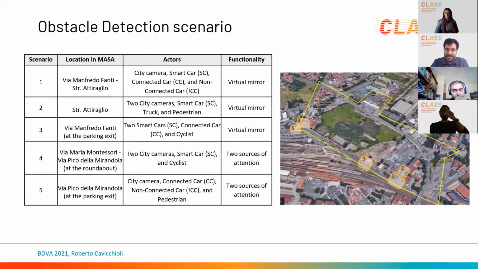On the other hand, a connected vehicle is just a vehicle with a GPS and a small embedded board which is able to connect to the 4G private network. Since the software architecture is scalable, as shown, and as it will be shown by my colleagues in the next presentation, we imagined 5 different scenarios in which the road users might be in need of external help. We call this virtual mirror and 2 sources of attention, as described by Eduardo before. Let's dive into a couple of these.